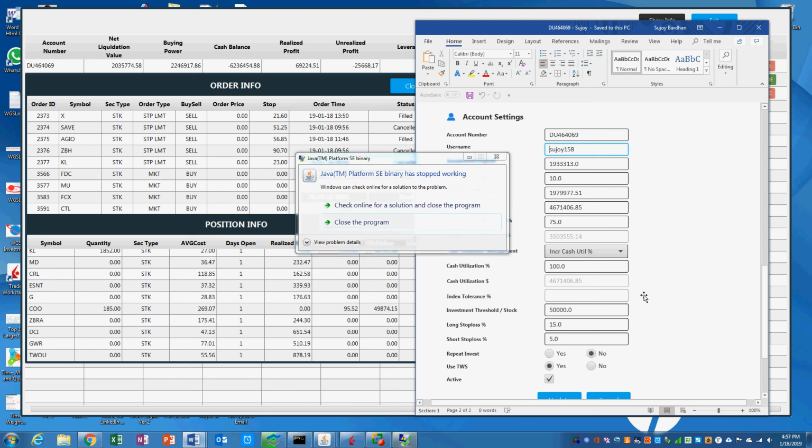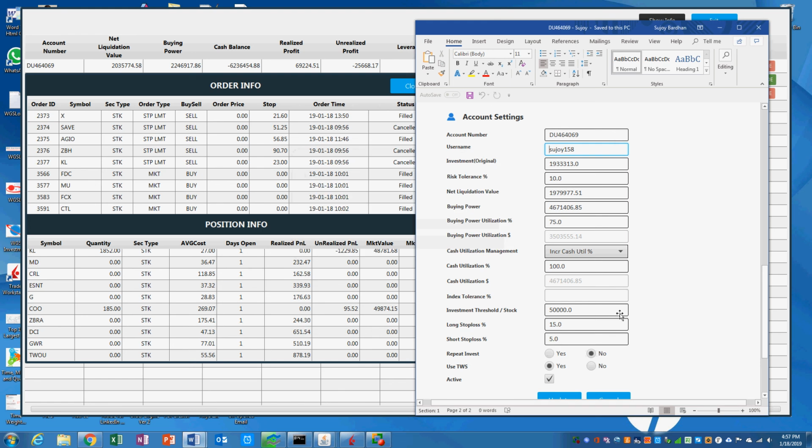He does not want to repeat investments in his portfolio, and the rest of it are basic configuration. There are a lot of other configurations which are not being told here, that has to do with our intelligence IP related stuff.